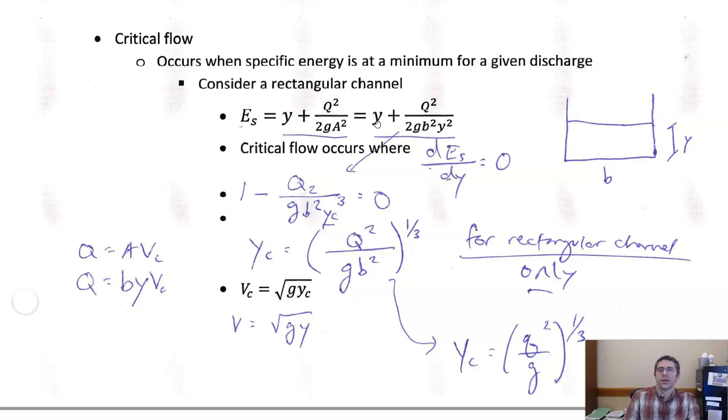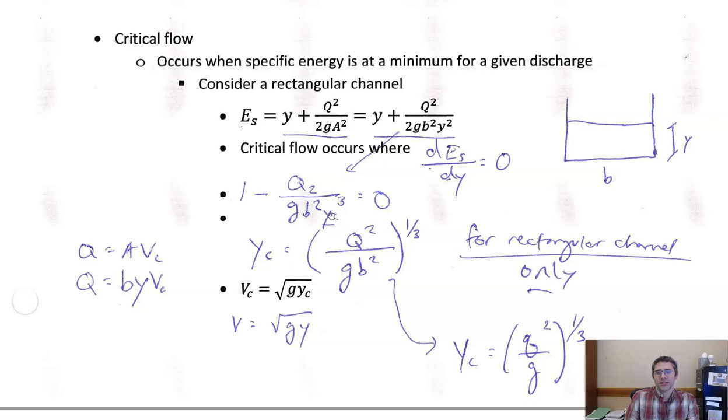So here, the derivative of Y with respect to Y is 1, and then here we're going to have a negative Q squared, and then because we've got the 2 in there, it's going to multiply by this 2 and cancel it out, and then g B squared Y_c cubed.